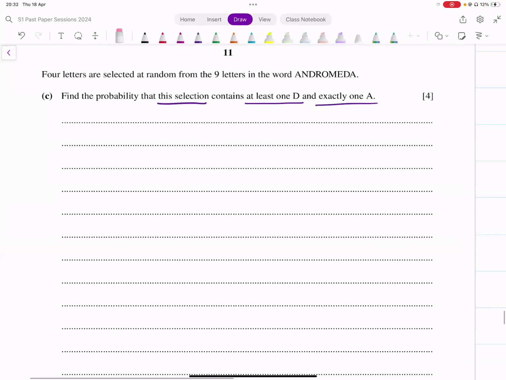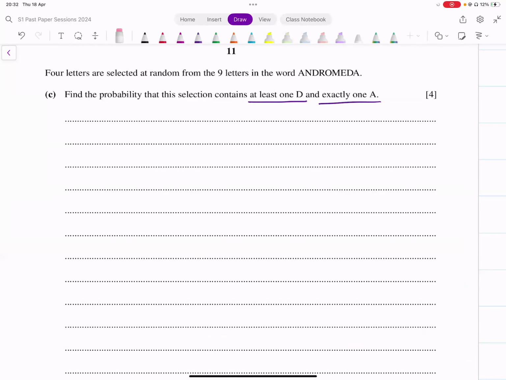Okay, now this is very important. You will see questions very similar to this in the last few sessions, and they've come repeatedly. It says find the probability that this selection contains at least 1 D and exactly 1 A. Now, the complete explanation of why we're going to do what we're going to do is going to take quite long.